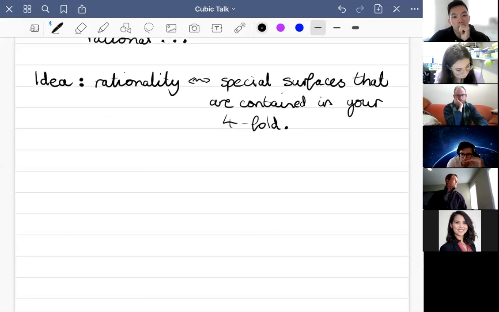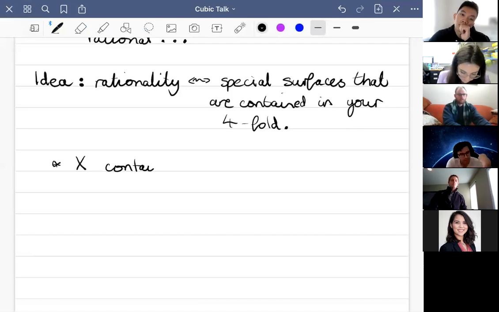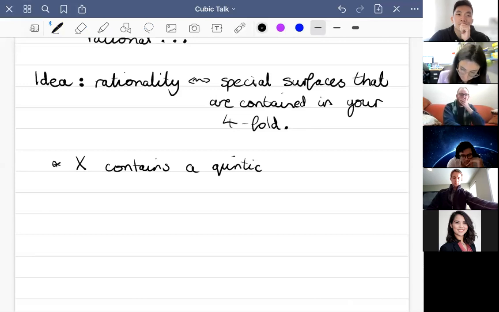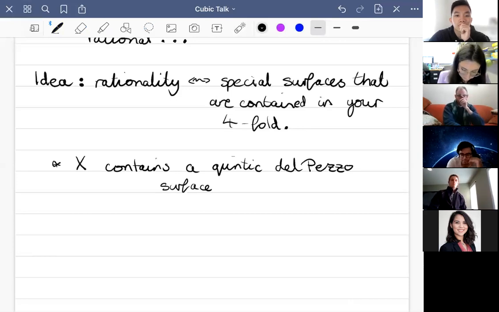Let me tell you quickly, though if you don't know what the words mean, that's fine. If X, your cubic fourfold, contains a quintic del Pezzo surface, you're rational.